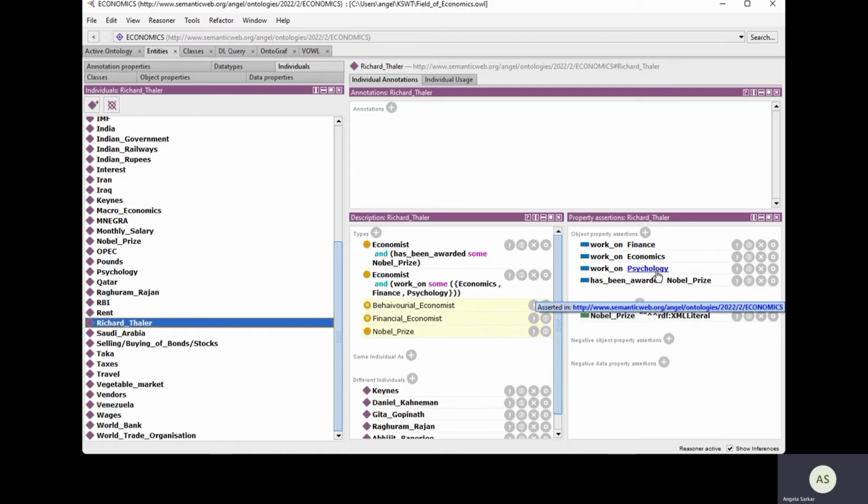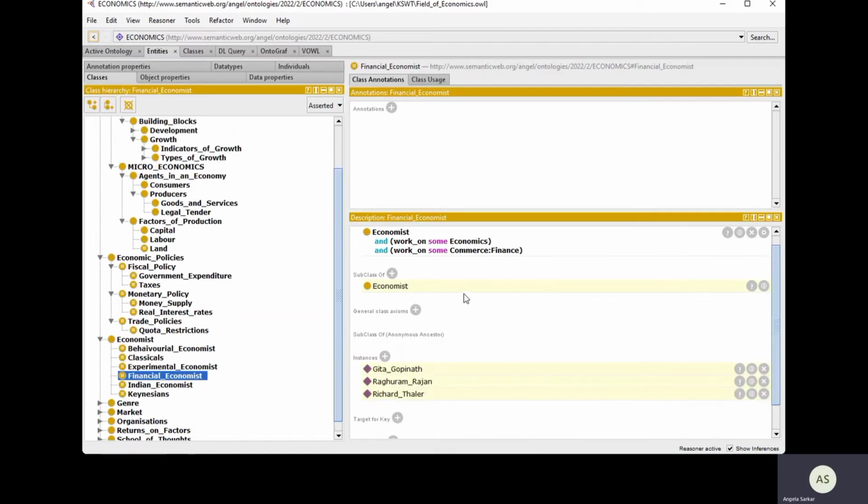His work is in finance, psychology, economics, and I have defined it. If I look into financial economist, yes, some work in finance and commerce, and here Richard Thaler is coming as an instance of this class.